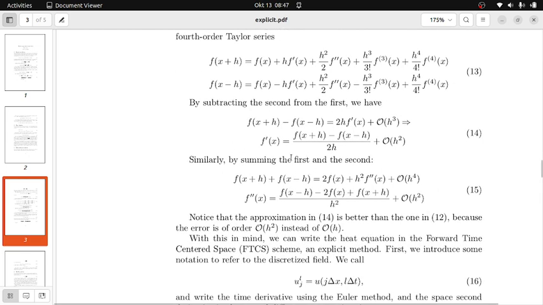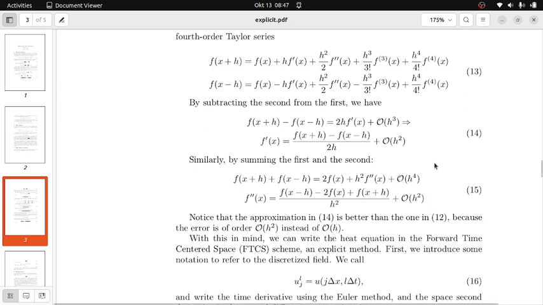And also, if we sum the first and the second, we get an approximation for the second derivative, which is f''(x) = (f(x−h) − 2f(x) + f(x+h))/h² + O(h²).